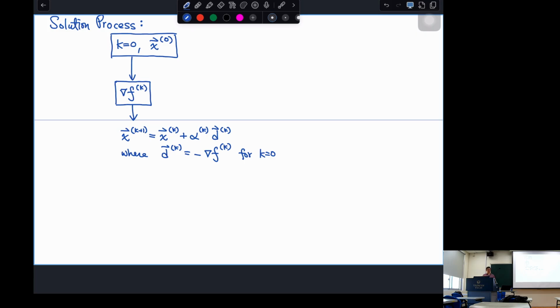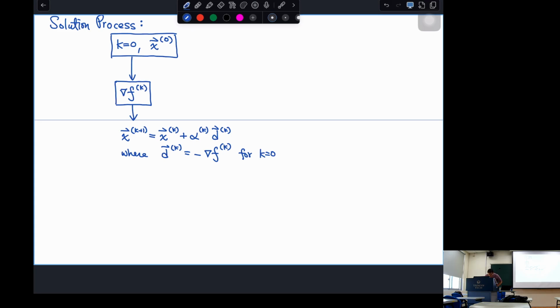So initially, there is no k equals negative 1, so there is no negative 1 iteration. So in the first iteration, you just perform steepest descent.